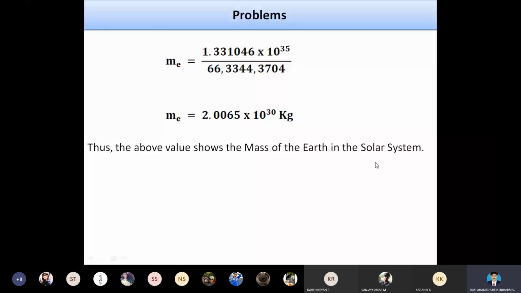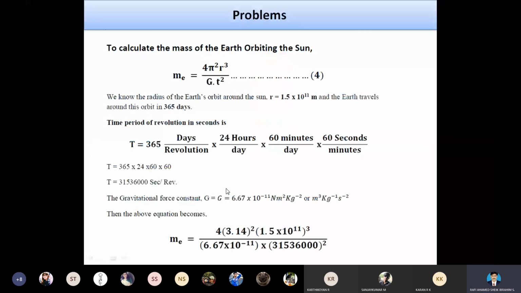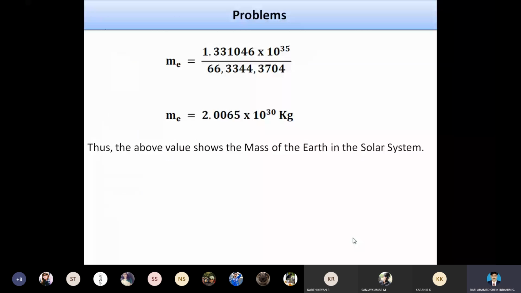Most students just directly write the data in the formula and, with the help of the calculator, directly write the result. Don't do like that. I need steps. Solve the problem step by step and finally write the answer. After completing the answer, give the conclusion.